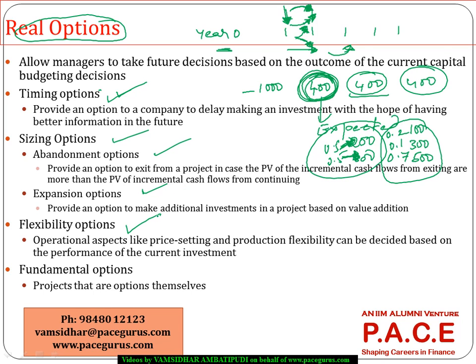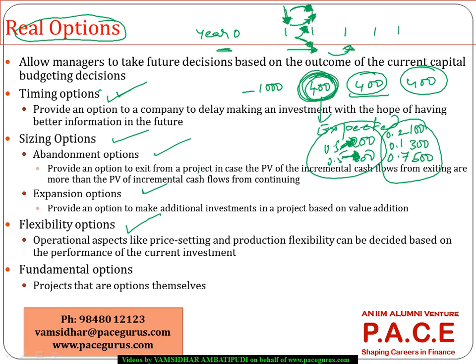Or I can have something to do with the operational aspects wherein I can get into my price setting decisions. I will change the price of the product. If at all after 1 year I am expecting a very good movement in the cash flows, I may increase the price, because if the demand is high, I will go for increasing the price.